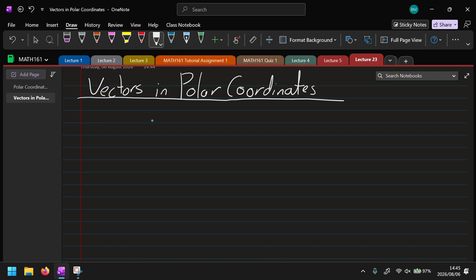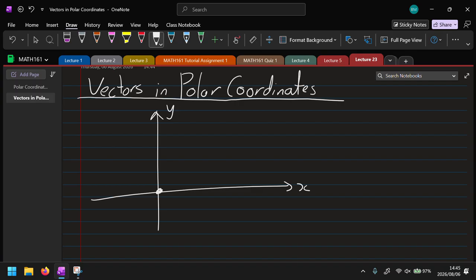So in Cartesian coordinates, we have the following. We have x and y. Any point in this Cartesian plane xy, we can draw a vector going to that point. And we can decompose that vector into an x part with the i hat unit vector in that direction and a y part, which is something in the j hat direction.